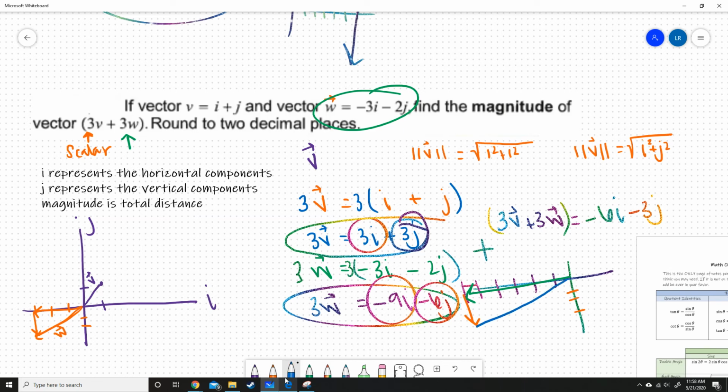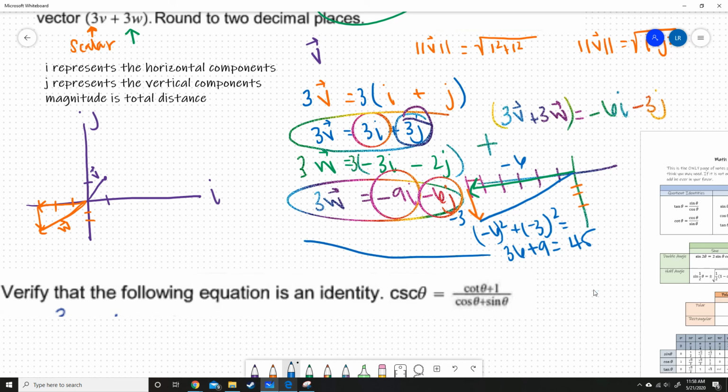That's the magnitude of those two vectors added together. Of course, we can use the Pythagorean theorem. This is -6, this is -3. -6 squared plus -3 squared is going to give us the magnitude squared. So we've got 36 plus 9 equals 45. And then, of course, we have to take the square root of that.